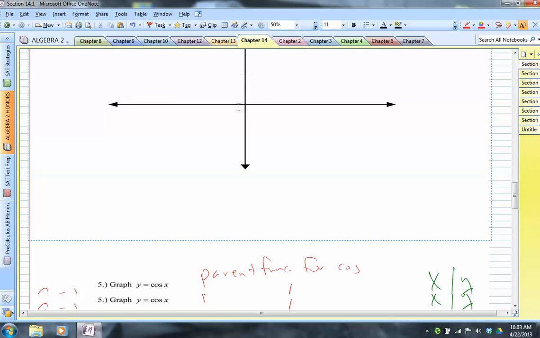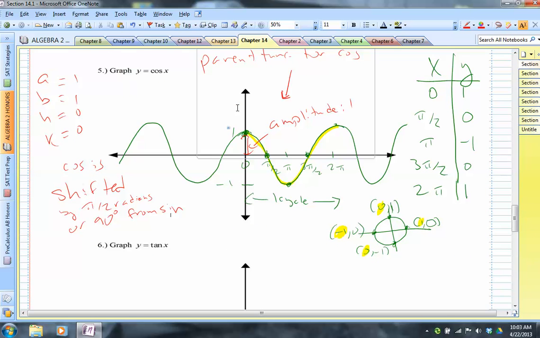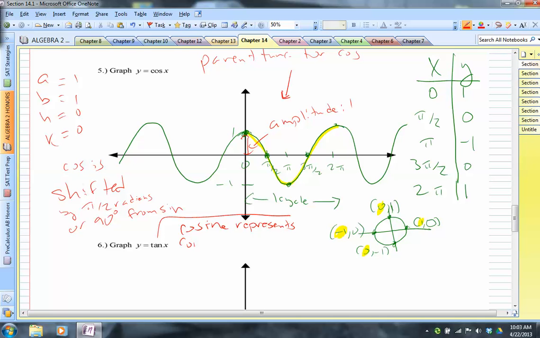And there's a good reason for that. That's because cosine represents the complement of sine. That's why it's called cosine. It actually stands for complement. Remember, complement is when two angles add to 90 degrees.